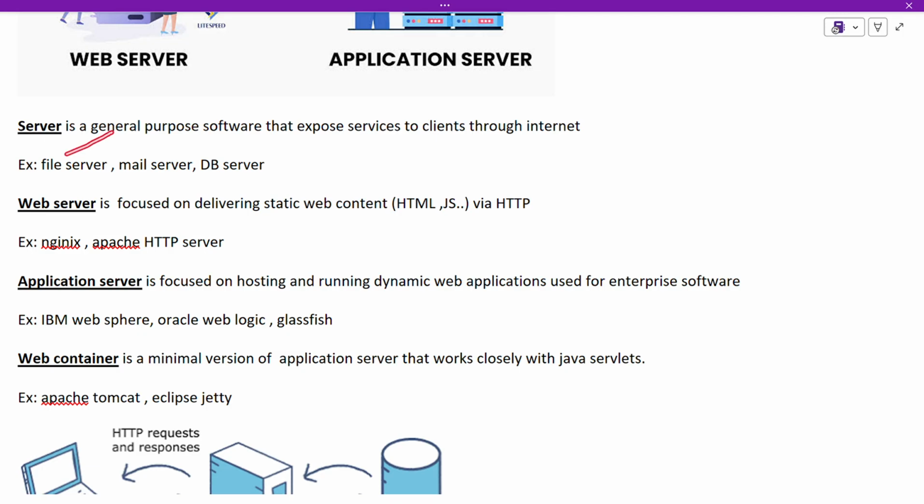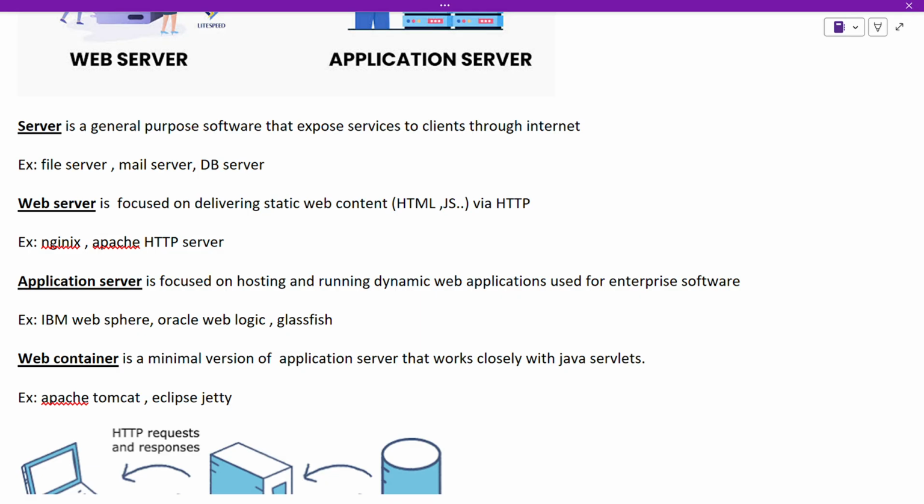It can be a file server, a mail server, or a DB server. If there is a server which is managing all the database programs, we can call it a DB server. If it is managing all the file related systems, then we can call it a file server. So it's just software.